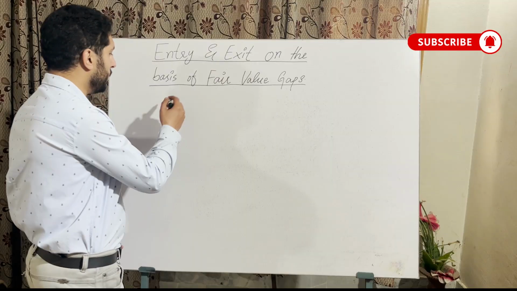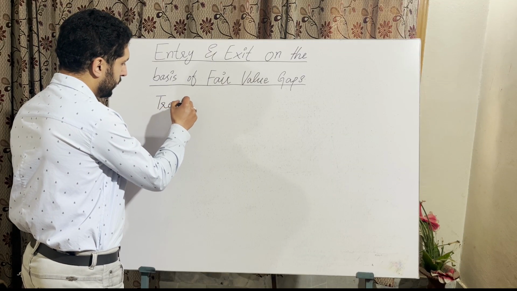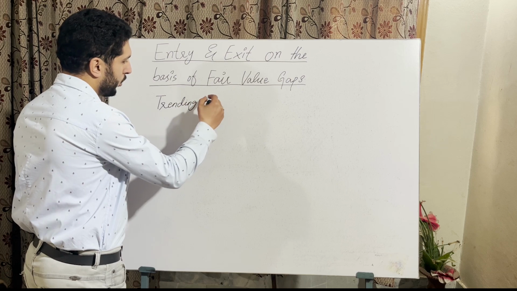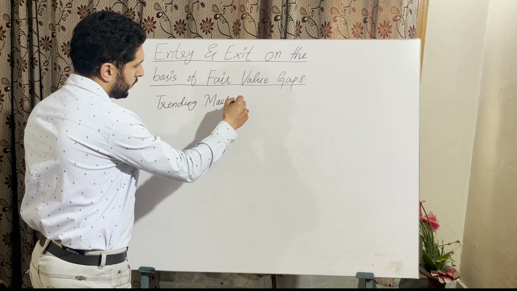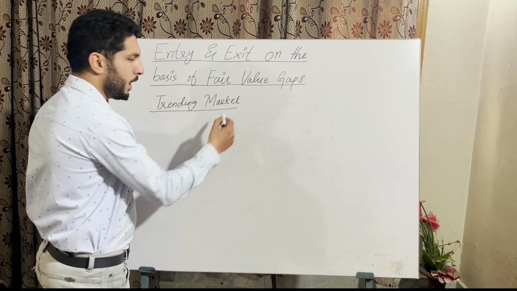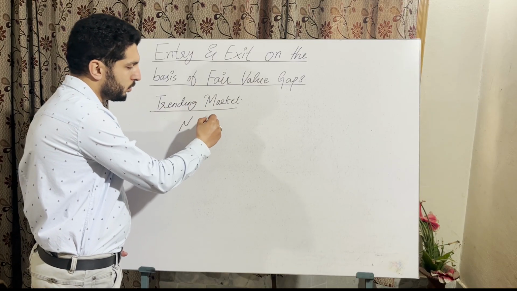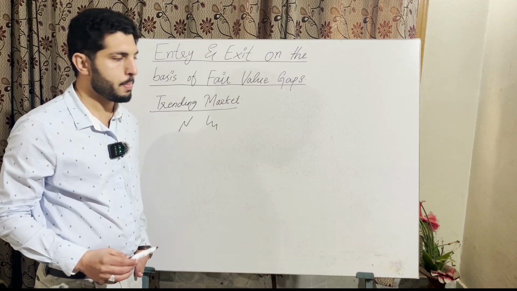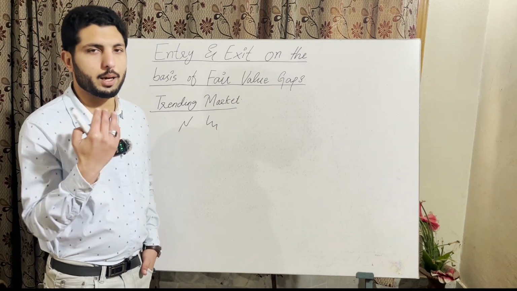First of all, let me write the trending market. So, you would keep it in mind, either to the upside or to the downside. Now, let's suppose the market is trading to the upside.